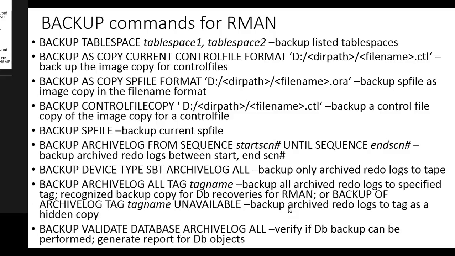By adding unavailable to your backup command, you're telling RMAN, this is a backup that I do not want you to use for performing database recoveries. Only use the backup with the tag name that does not have unavailable. That's the backup RMAN would look for when you're running your restore and recovery operations.